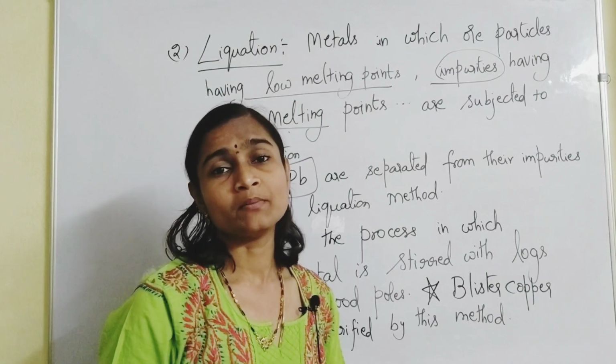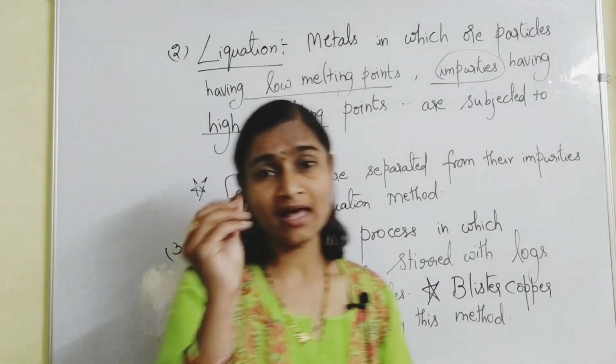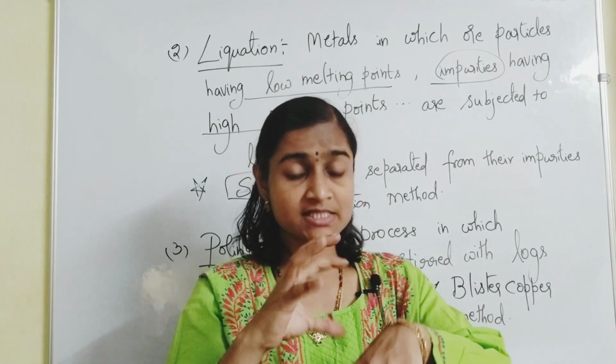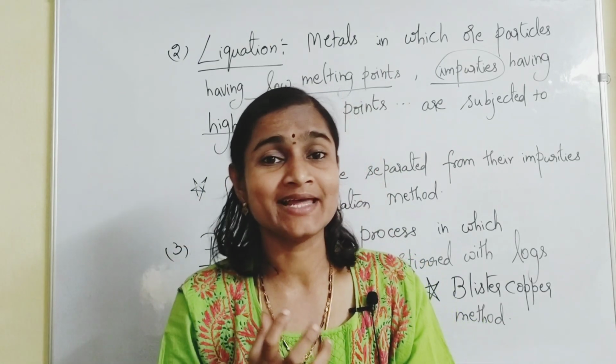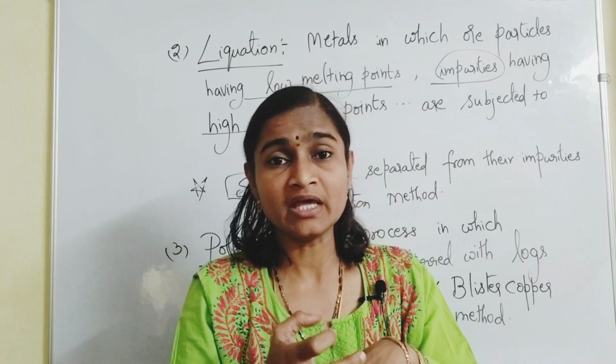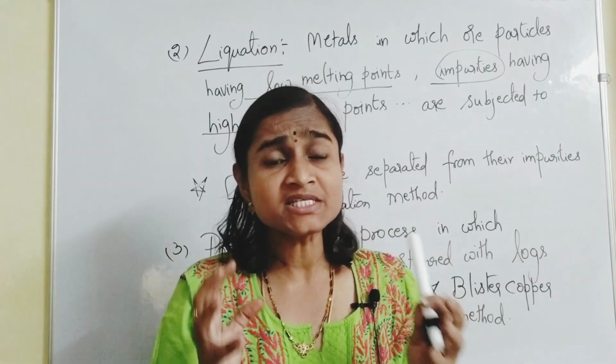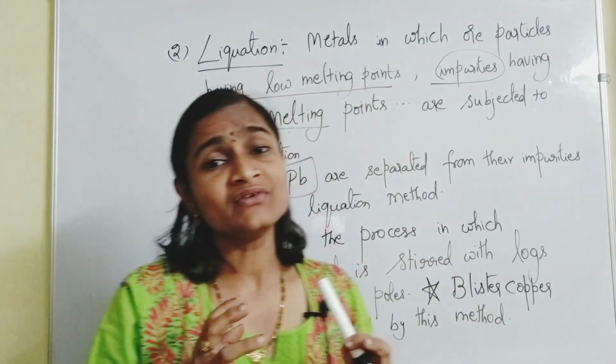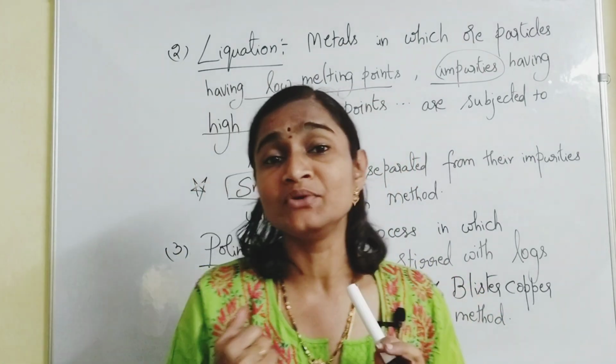What is blister copper? A copper which is having small bubbles, blisters. If our skin is burnt, how does it look? Blisters will form. So blister copper is a kind of impure copper. It consists of copper oxide as the only impurity.